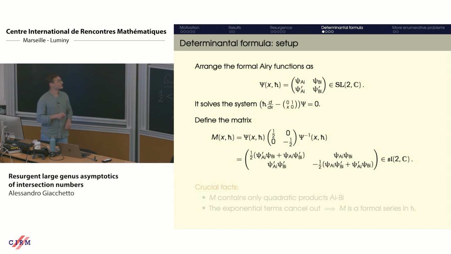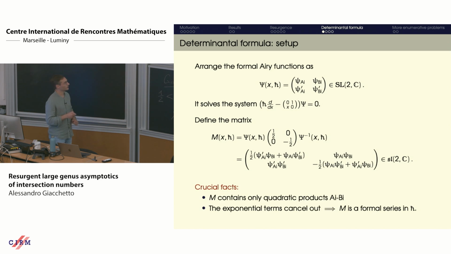What you get is this explicit matrix here, where the most important part is that in M every element is a quadratic product of Airy and Bairy functions. What's important is that it's always Airy together with Bairy. You never have things like Airy squared or Bairy squared. It's always Airy coupled with Bairy.